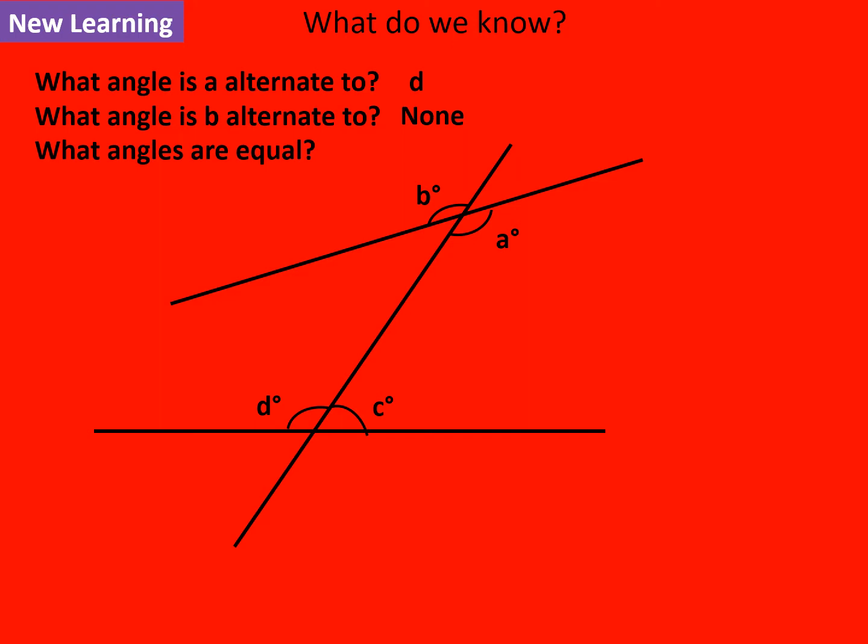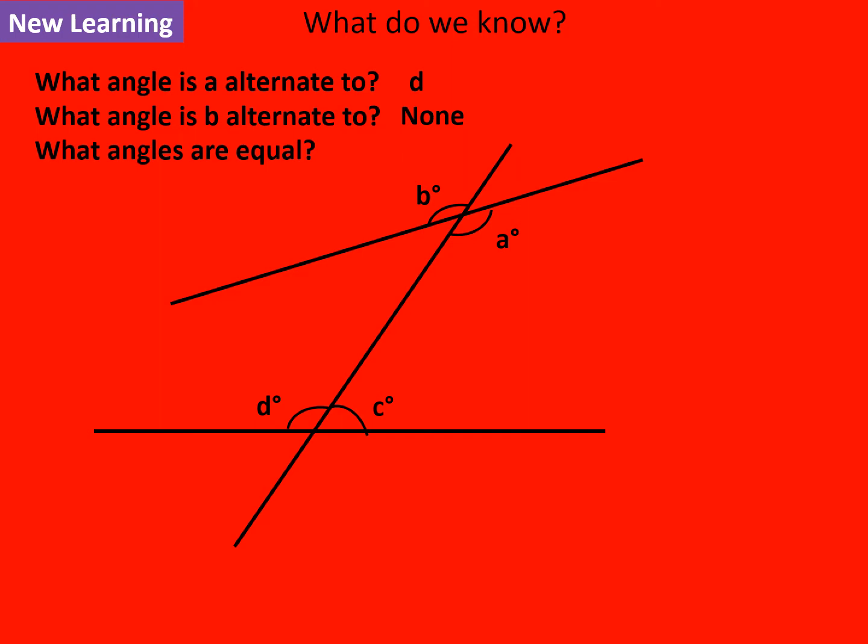What angles are equal? A and D are not equal, and this is because in this example the two lines we're dealing with are not parallel. So, for future reference, and this is very important, most questions we deal with will be within parallel lines.